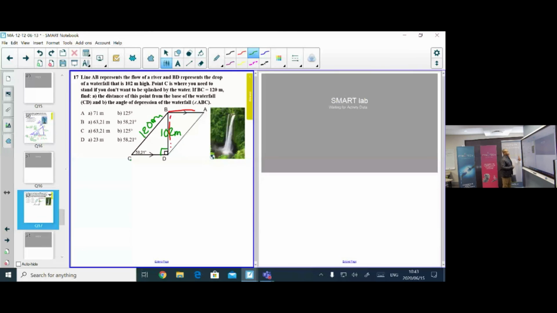We can almost use a couple of options because we have two sides given, we have an angle. So you can use the cosine rule.